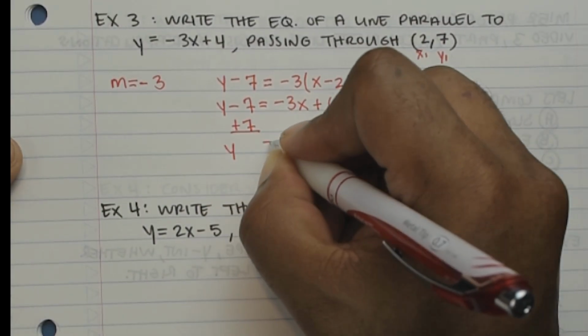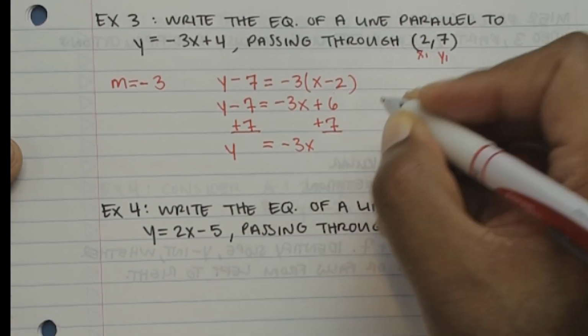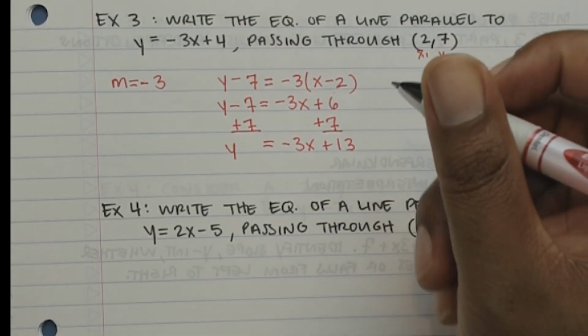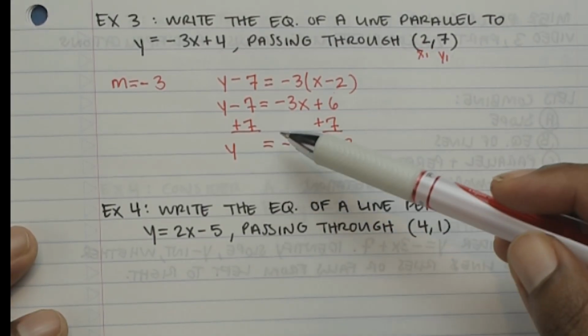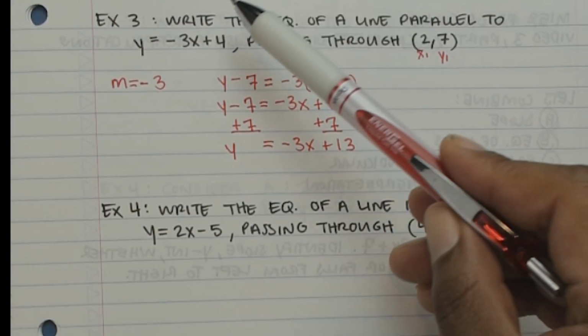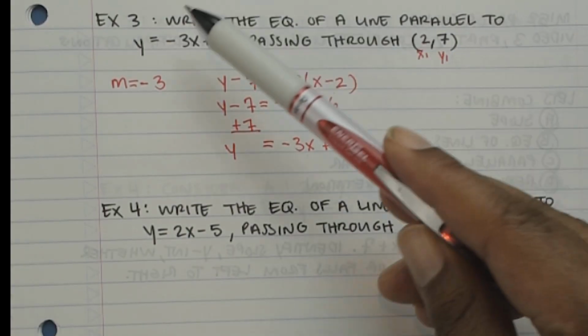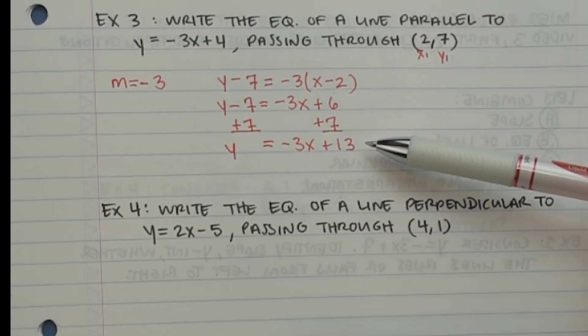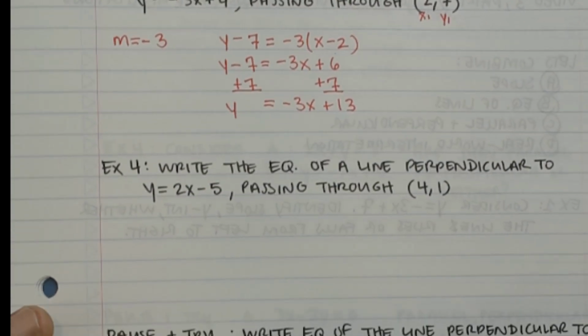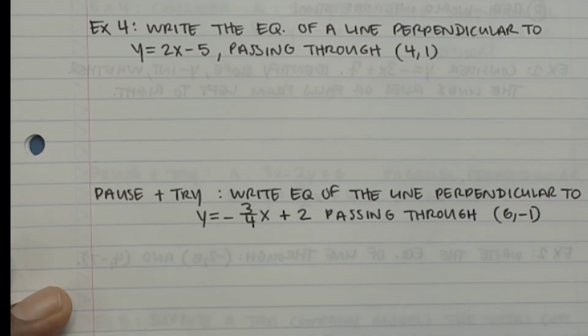And that leaves us with y equals negative 3x plus 13. Therefore, y equals negative 3x plus 13 is the final answer. So this would be the equation of a line parallel to this line passing through 2, 7. Let's move on to another one. Example number 4.